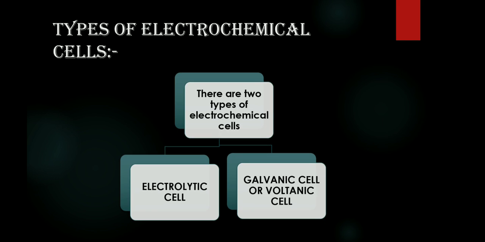There are two types of electrochemical cells: electrolytic cells and galvanic cells or voltaic cells. An electrolytic cell is a device in which electrical energy is converted to chemical energy, and a galvanic cell is one where chemical energy is converted to electrical energy.